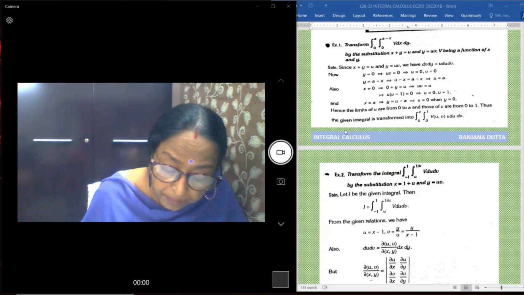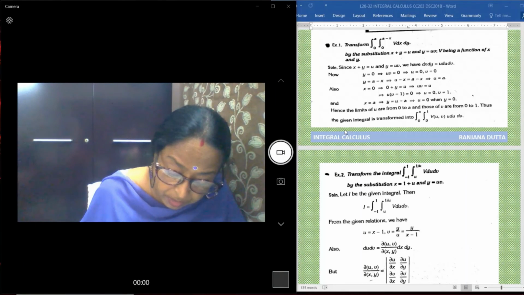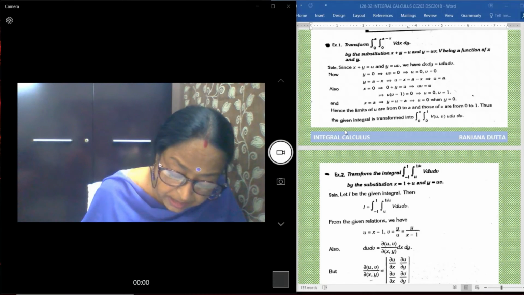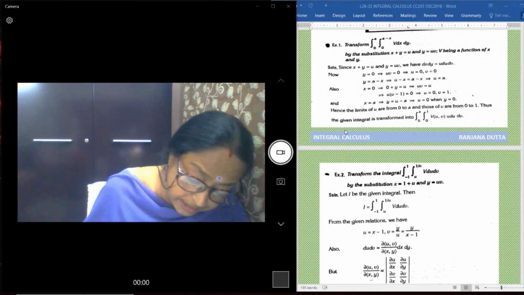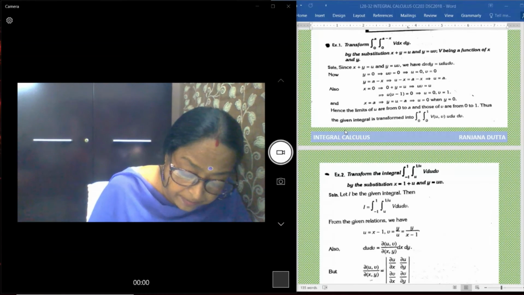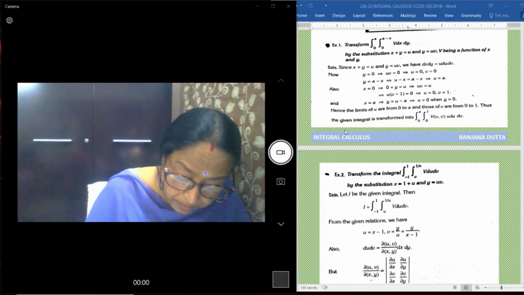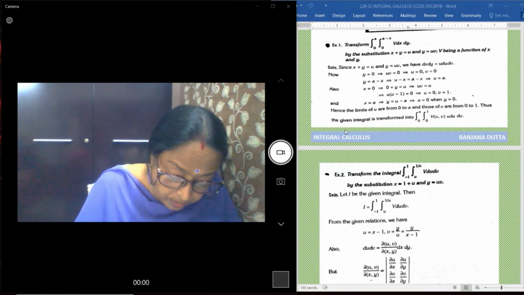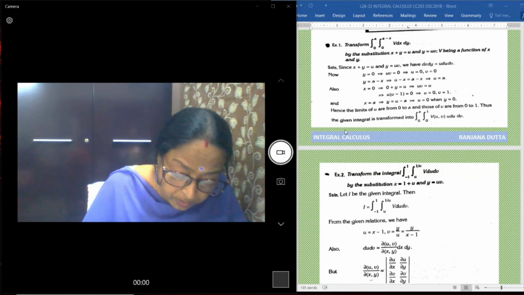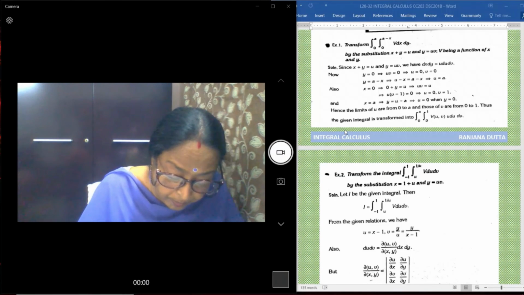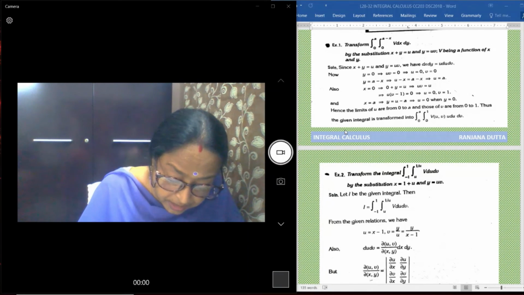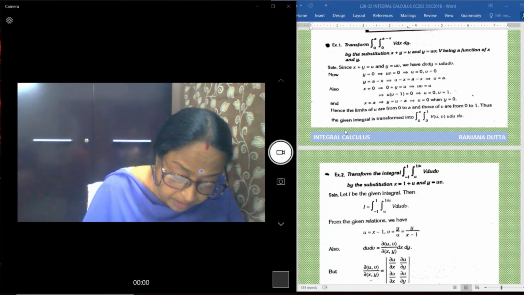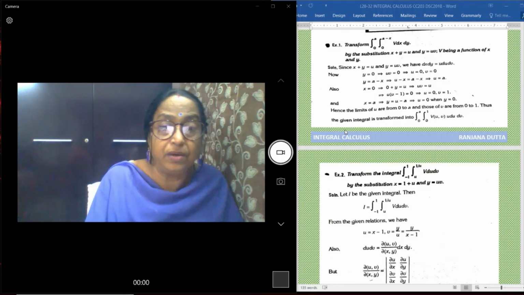Now when x is equal to a, we get y is equal to u minus a, which gives y is equal to 0, then u is equal to a. Combining these things, we can write it as du dv times v times u, where the Jacobian is equal to u, the limit of u is 0 to a, and the limit of v is from 0 to 1.